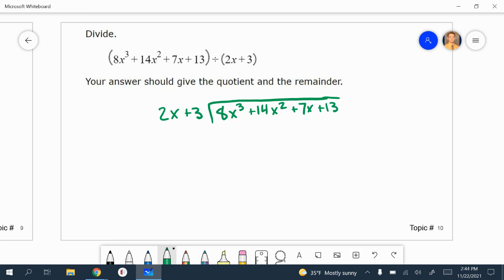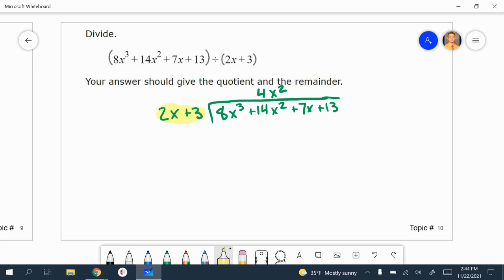Okay, so first step, we've got to figure out how many times does 2x go into 8x to the third, or basically 2x times what gives me 8x to the third. I know that that's going to be a 4x squared, because when I multiply it back in, remember I always do that after I put it up top, I multiply it back into these.